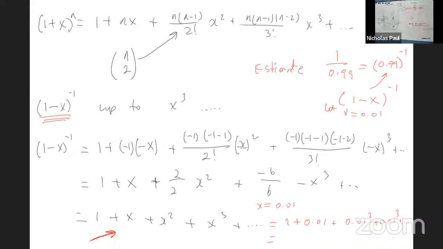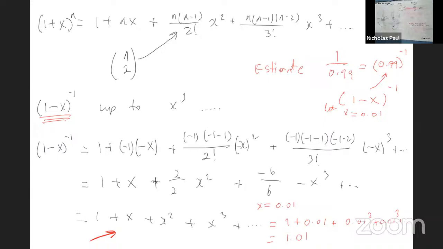Three significant figures, okay? Aidan got 1.01. Anybody else got 1.01? Nice. Let's do one more.